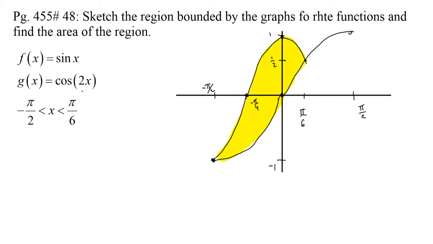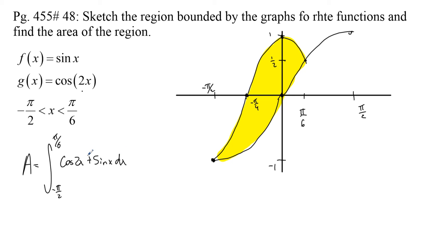And so clearly, the greater function, even though it's listed as the g function, the function that's bigger for all the values in this interval, is the cosine of 2x. And so we're going to set up our area equation as the integral from negative pi over 2, the lower bound, to pi over 6, the upper bound, of cosine 2x plus sine x dx.